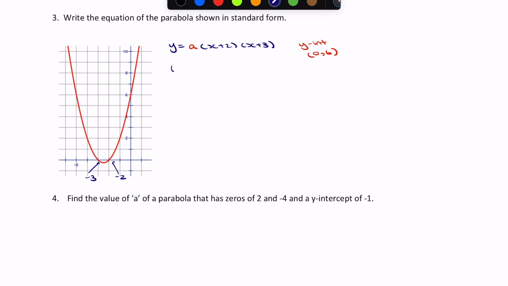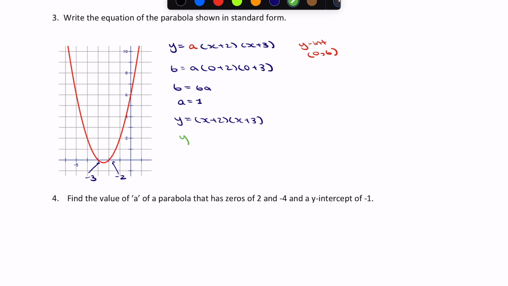And so if we sub this in, we have to find our a value. So 6 is equal to a, 0 plus 2, 0 plus 3, and 6 is equal to 6a, and therefore a is equal to 1. So here, if we have y is equal to x plus 2, x plus 3, convert to standard form, we will expand it.